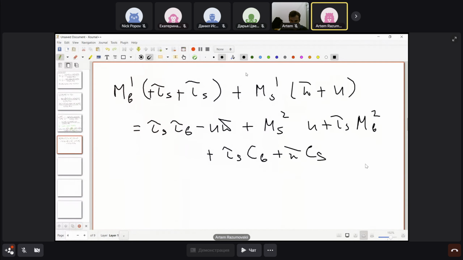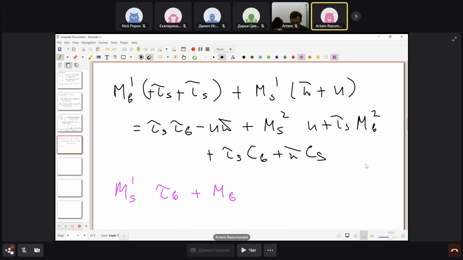So then let me rewrite it for sellers as well. We'll use a different color because we have a lot of stuff on the side.